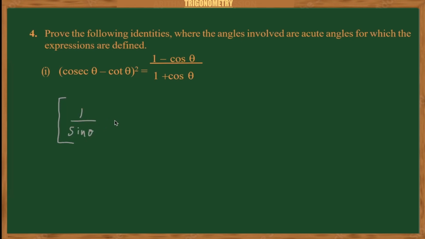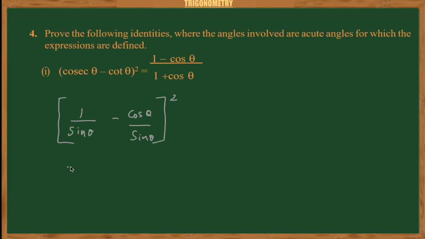I hope you agree with this. Then cot we know is the reverse of tan. Tan is nothing but sine theta by cos theta. Reverse of that, it becomes cos theta by sine theta. Then whole square. Okay, so we have this.